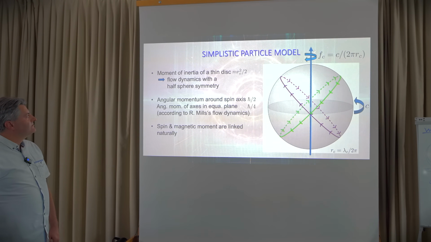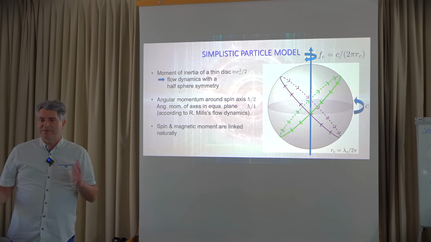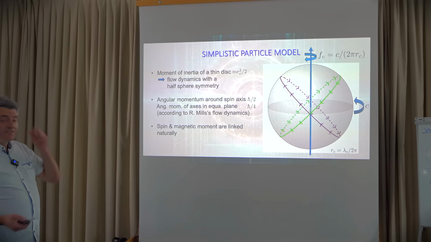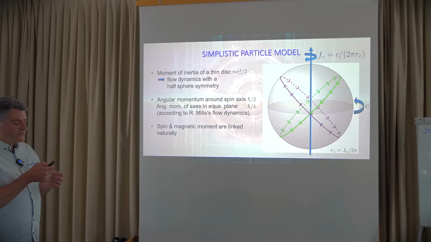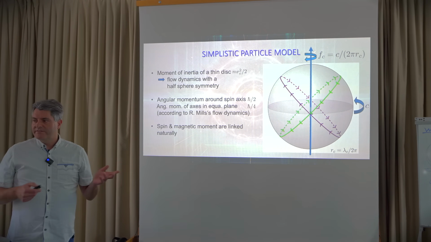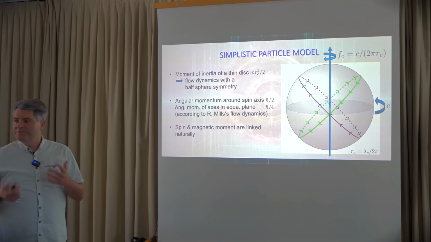This slide shows how it's possible to create a simplistic particle model that tries to incorporate the findings of the previous slide. The physical reality might be more complicated, so I'm not saying it's really a sphere, but at least it appears to be a sphere.